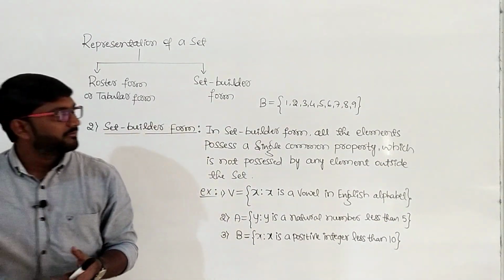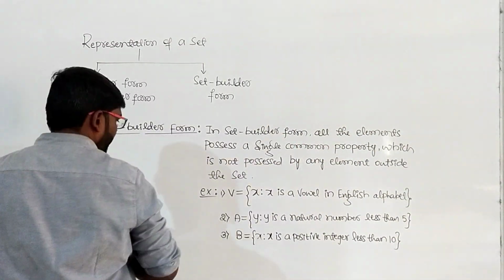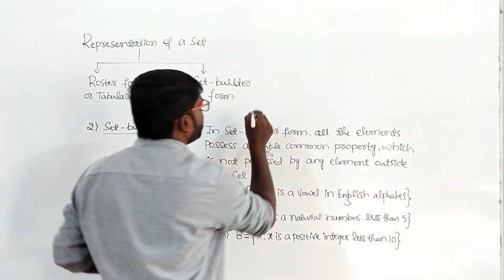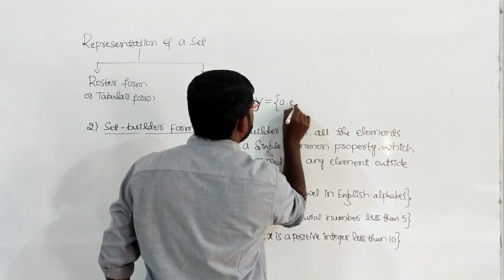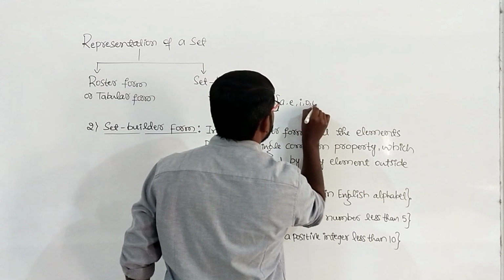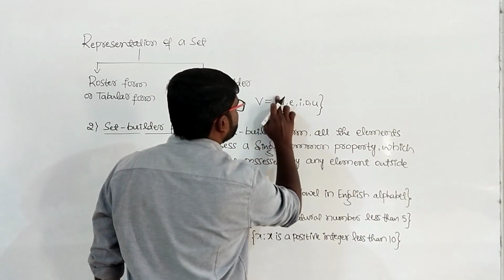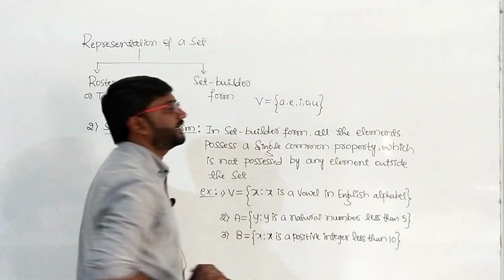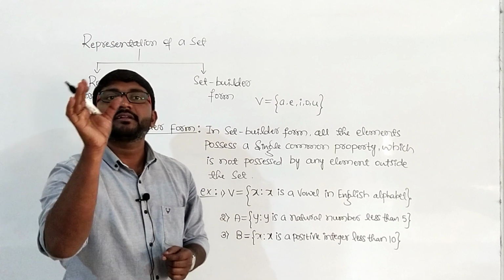So here we come across one more concept. See here, if you take the example of vowels, A, E, I, O, U. Here we are going to discuss two important notes regarding the set. First, the order does not matter in roster form.